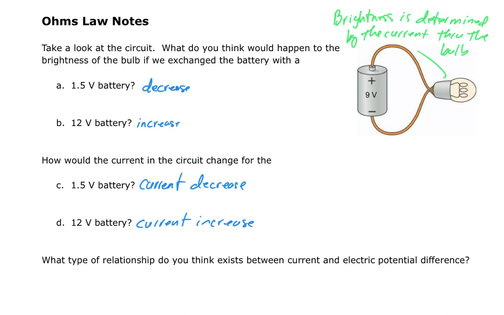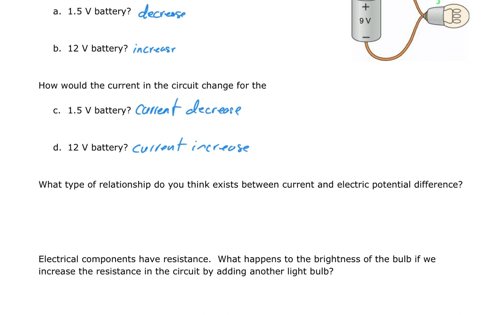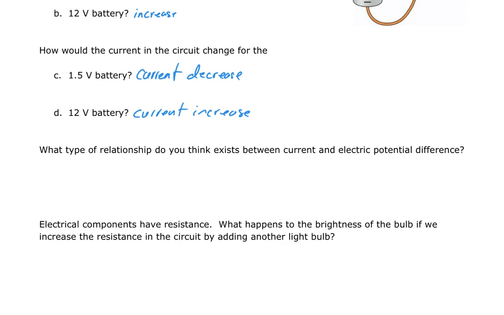Okay? So if we ask what type of relationship there is between current and electric potential difference, there's probably, and you would be right, a proportional relationship. So if we double the electric potential difference, and we can use V to stand for it, since we're ready for that.